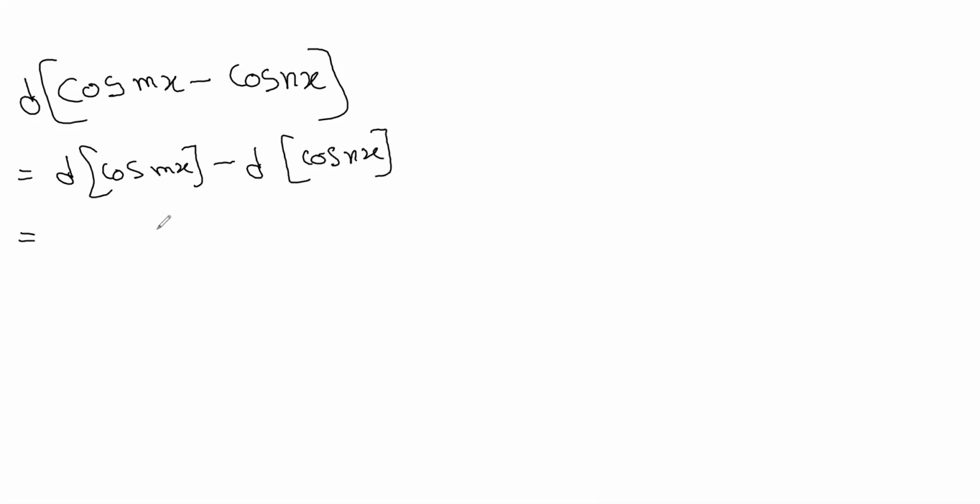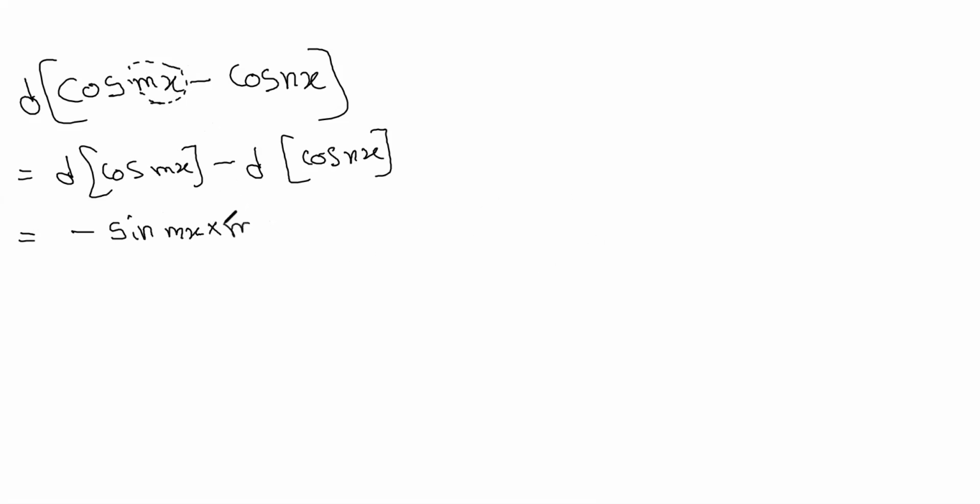So first I do the differentiation of the first cos, right? So minus sine mx, into 1, because it's the differentiation of x. Mx is the function, not x, so into m.